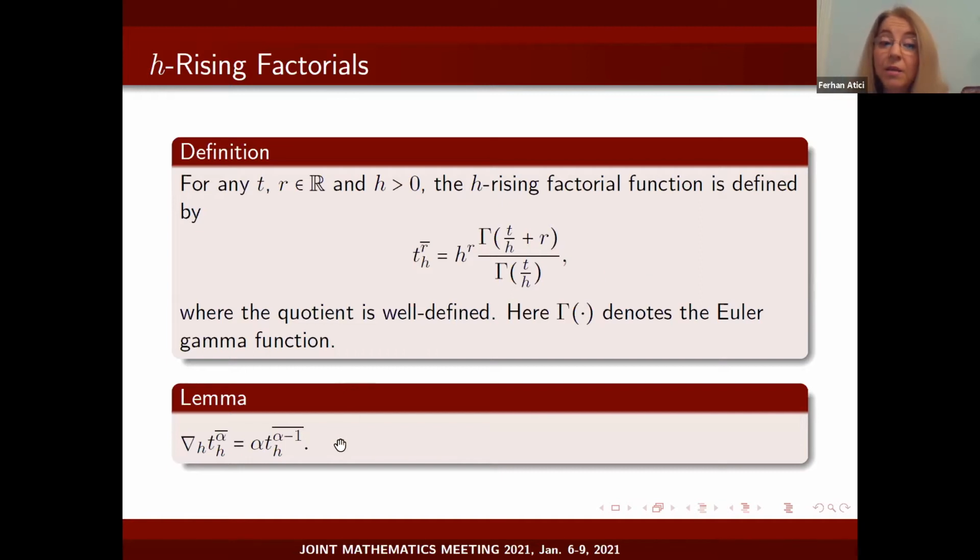Because we like to have the power rule valid for the nabla H operator. So here is what the power rule says. If you are performing the nabla H operator on this factorial power, then the power comes down and you subtract 1 from the power. That's how we perform it.